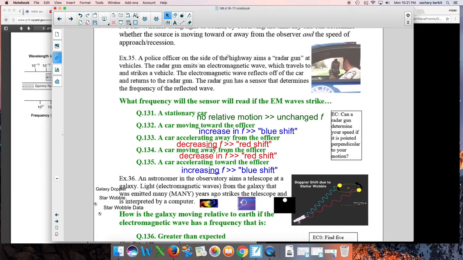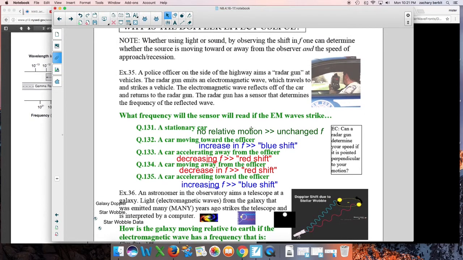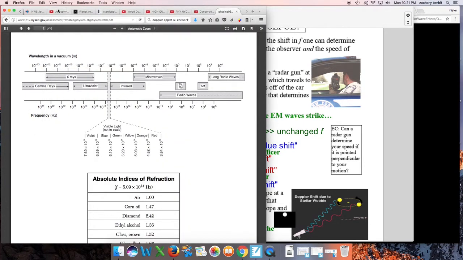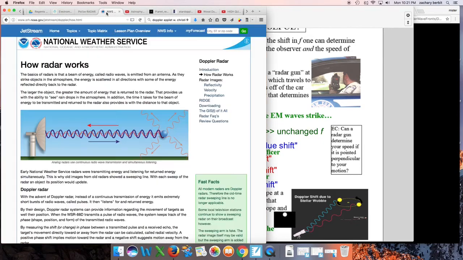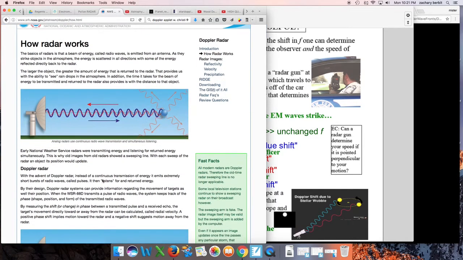Now, another terrestrial or earthly use of radar guns is not just the police radar, but also for weather. And there are a couple questions on the homework about this as well. Basically, there are weather systems. One of them is called Doppler 4000.